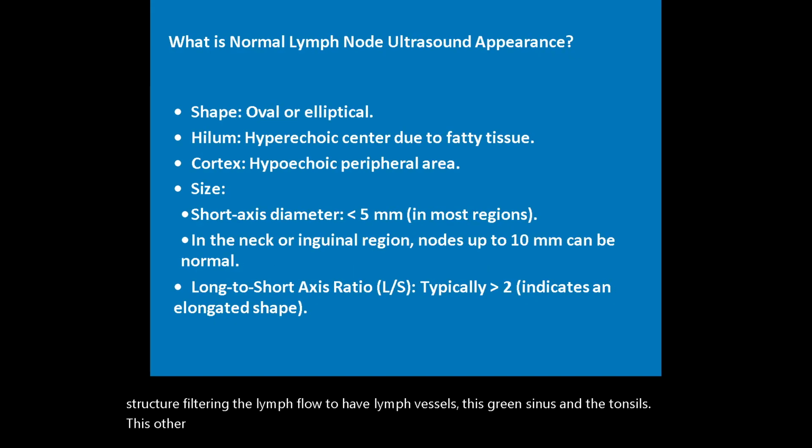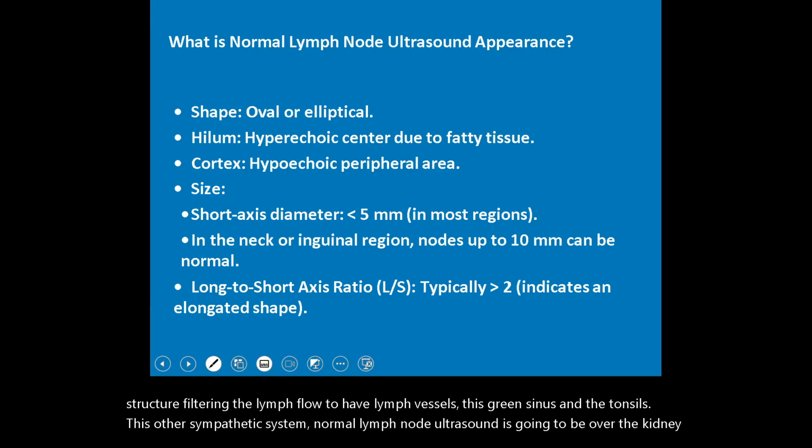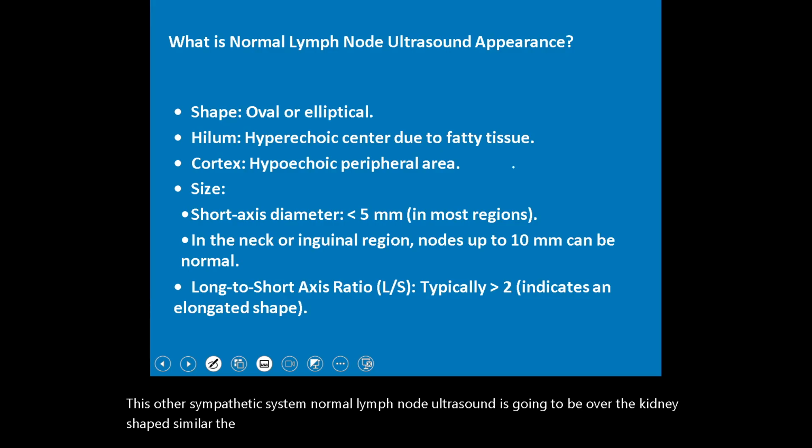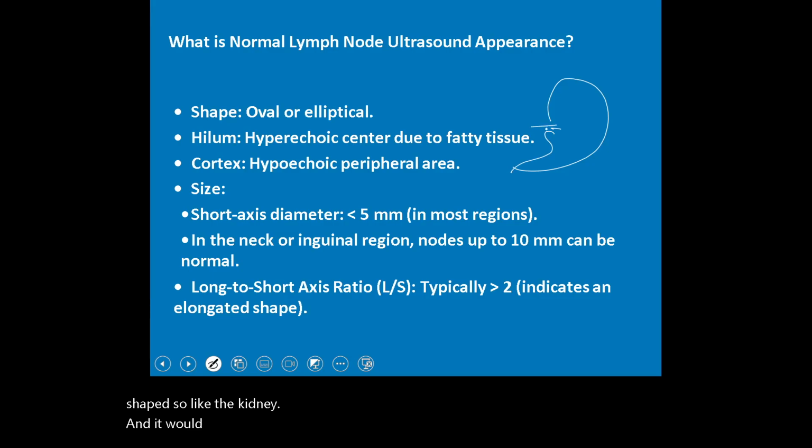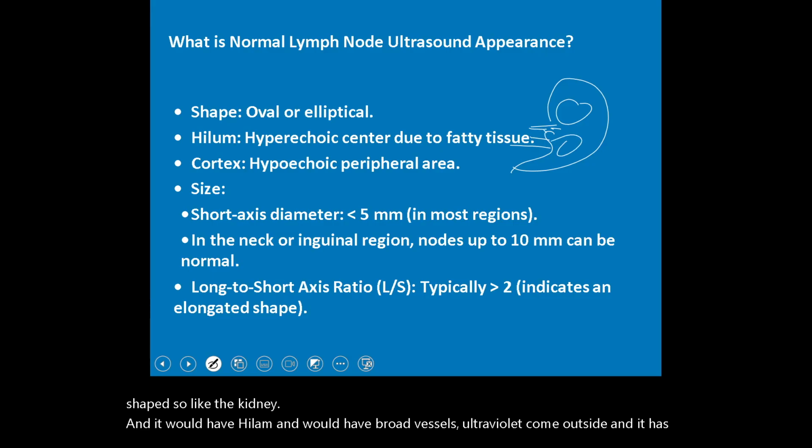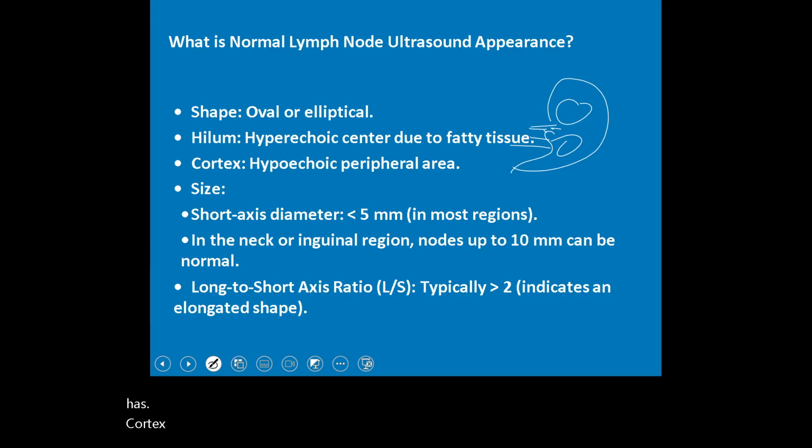A normal lymph node on ultrasound is oval, kidney shaped, like the kidney. It has a hilum with blood vessels, artery and vein, coming out, and it has a cortex, a hypoechoic peripheral area, and a hilum, the hyperechoic center due to fatty tissue.